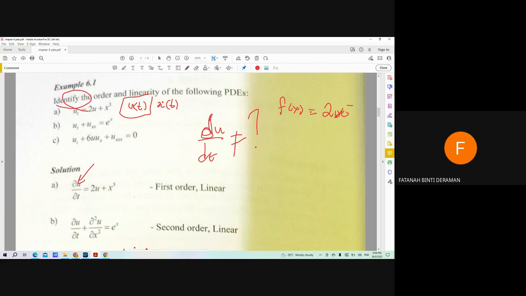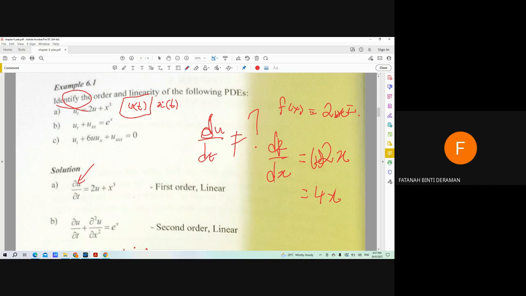So we will have df dx equals to 2 times 2x. So we have 4x. But it is full because in this function we only have the x variable.